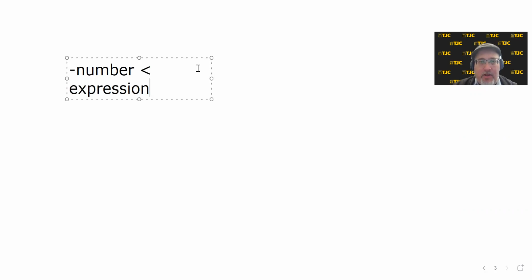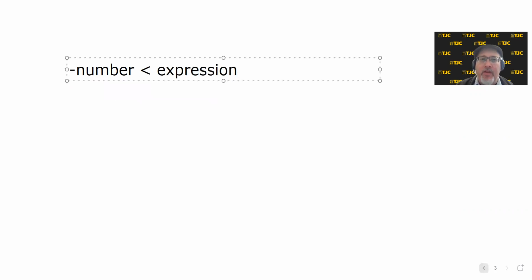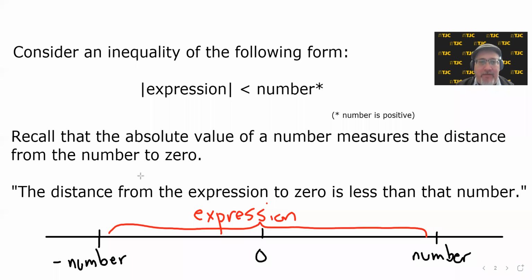We can say that the negative of the number has to be less than the expression. I'll fix that. Because in this picture, this negative number here is to the left of the expression, since the expression is somewhere in the middle, and therefore the negative number is less than the expression.